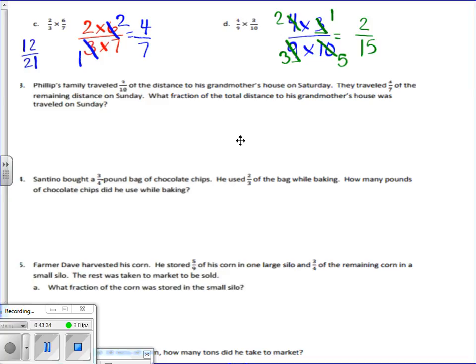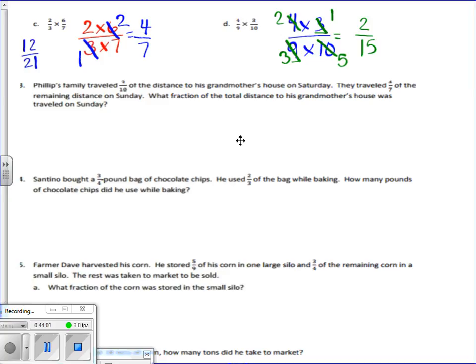So, Philip's family traveled 3/10 of the distance to his grandmother's house on Saturday. They traveled 4/7 of the remaining distance on Sunday. What fraction of the total distance to his grandmother's house was traveled on Sunday? Now, I can tell you that this is not a number multiply problem.